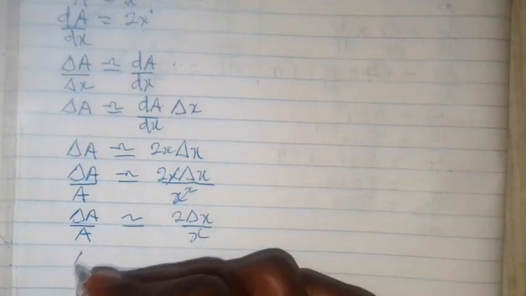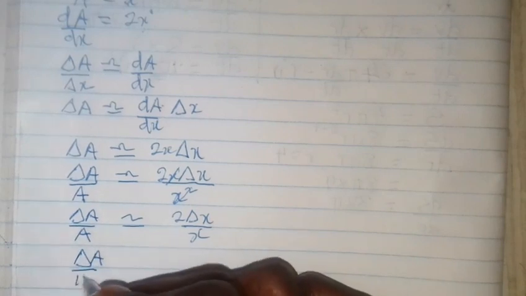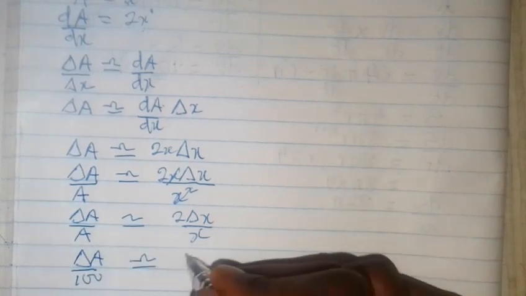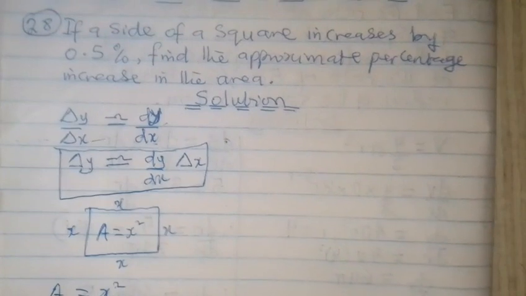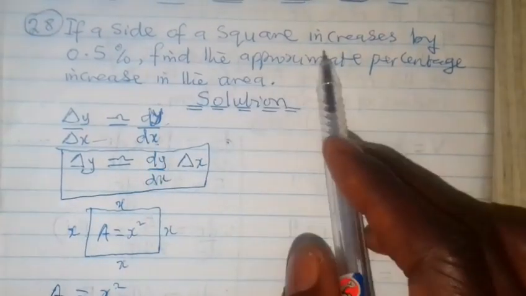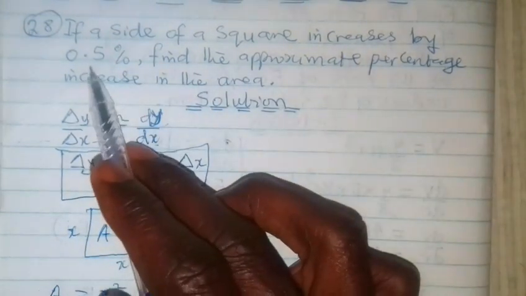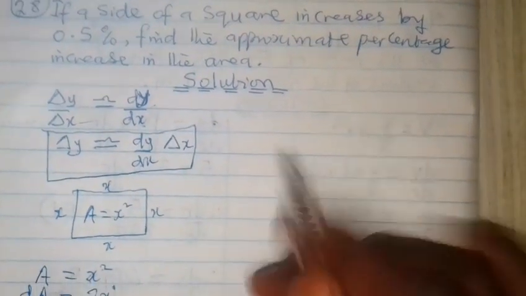So we're going to write that out: delta A over 100 approximately equals 2 delta x over 100. And if we do this division, you see that our 100 here will cancel this 100. You'll be left with delta A approximately equal to 2 delta x. Now, if we go to that question, you will see that we are told that the side of the square is increasing by 0.5%.